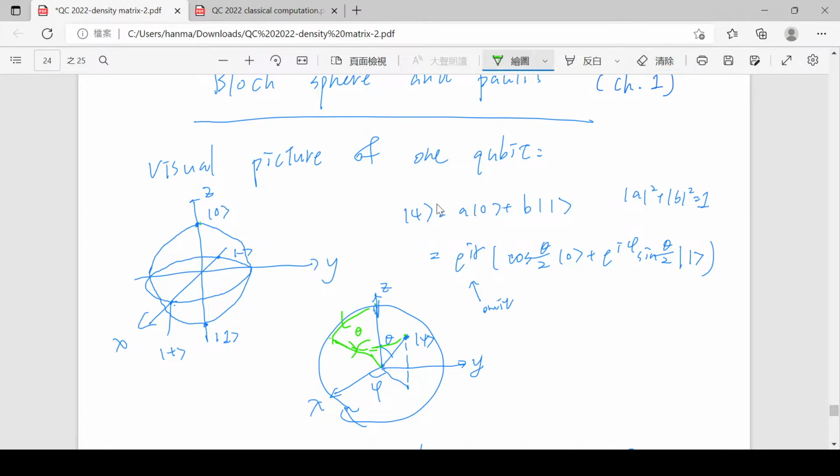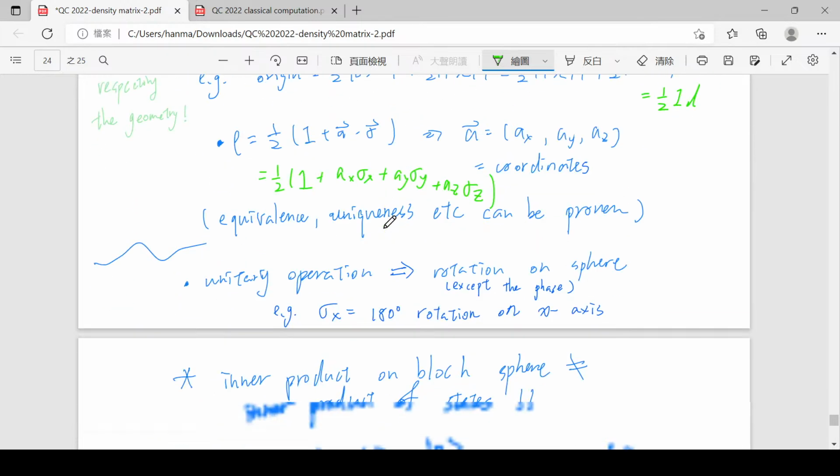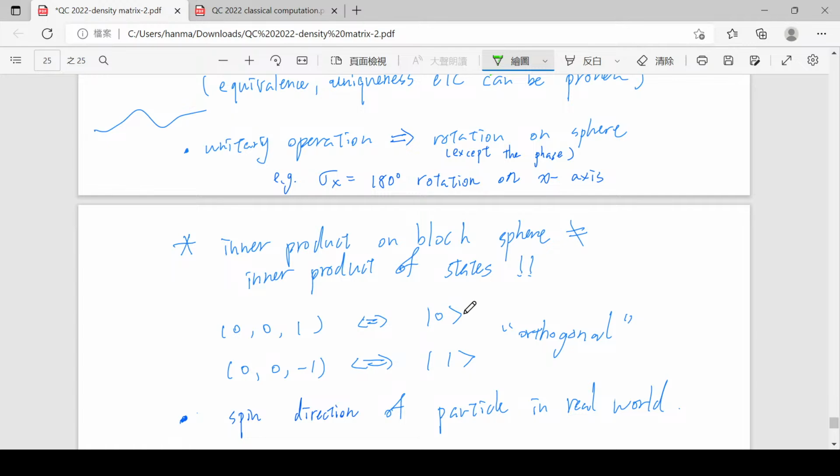When we describe our quantum state in this two-dimensional basis, 0 and 1 are orthogonal to each other, right? But on the Bloch sphere, this state is 0 and this state is 1, actually the same vector with just a -1 coefficient. That's just a property of the Bloch sphere. You need to be careful. The angles of the states in the original two-dimensional space are not the same as the angles of the corresponding points on the Bloch sphere. So be careful.